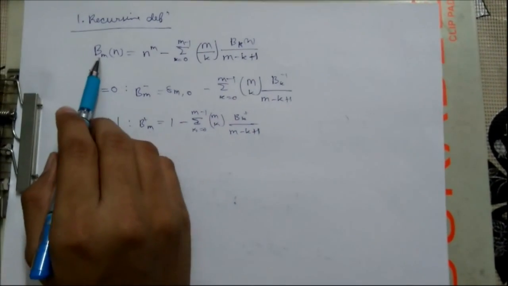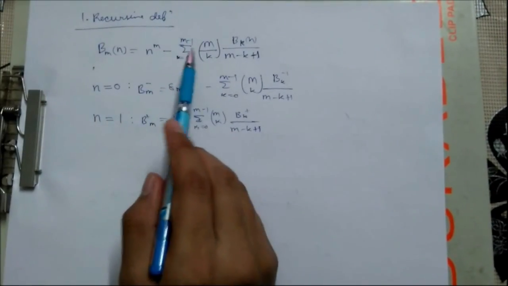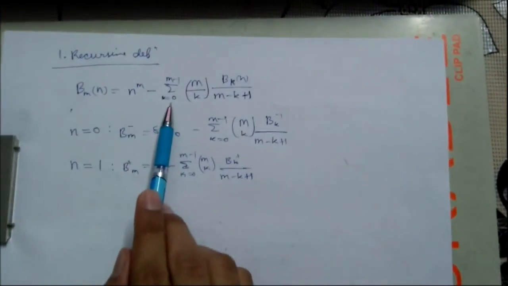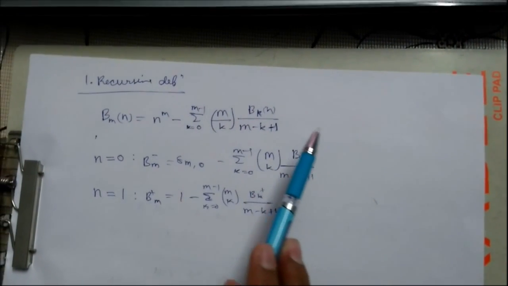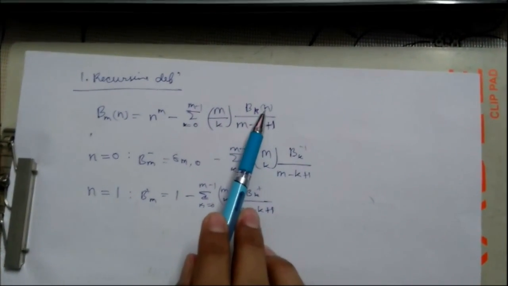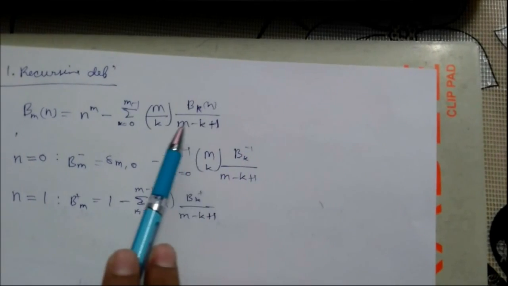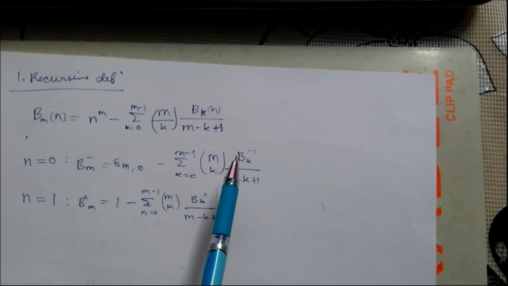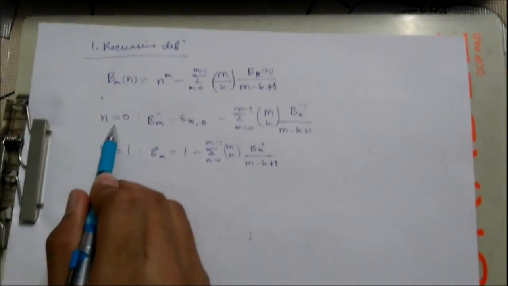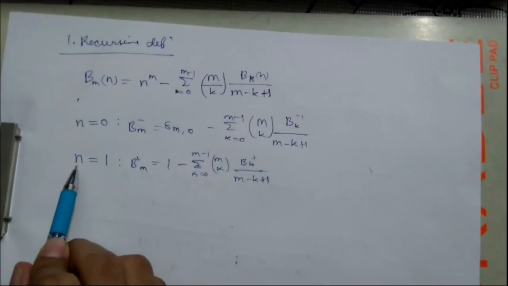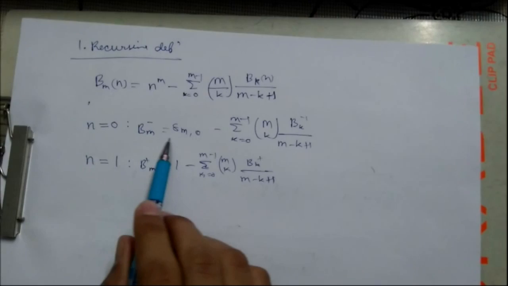We define Bm of n as n raised to m minus sigma from k equals 0 to m minus 1, combination mk, then the last number bk n divided by m minus k plus 1. Now for defining the zeroth and the first Bernoulli number, we will use the following definition.